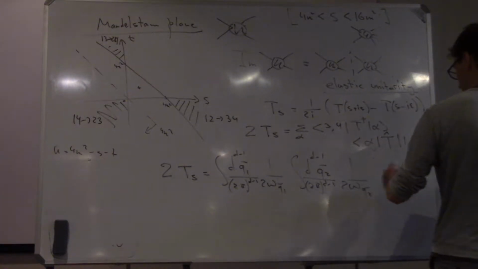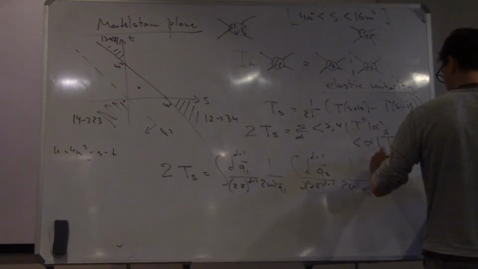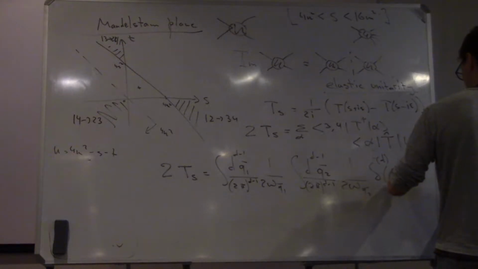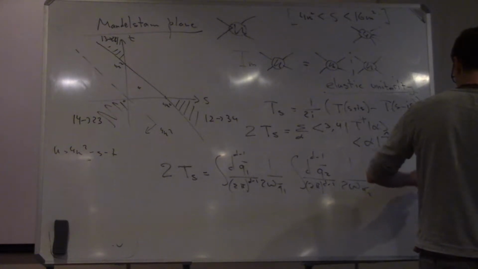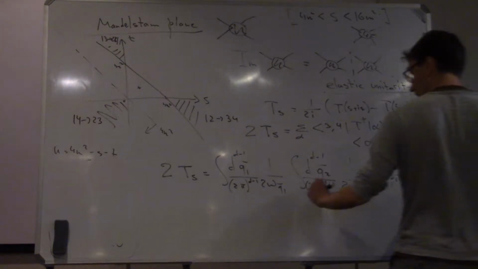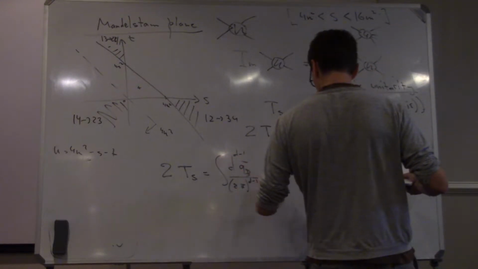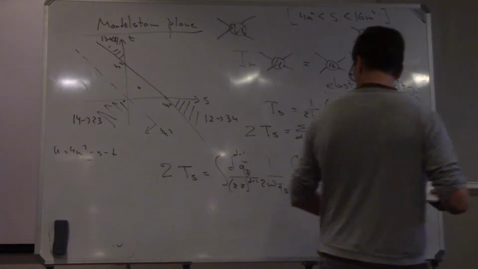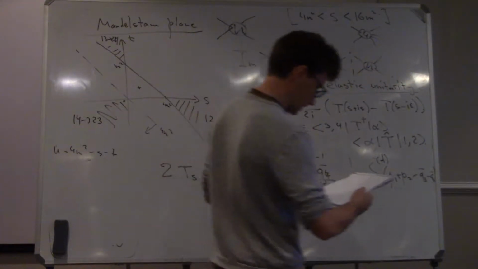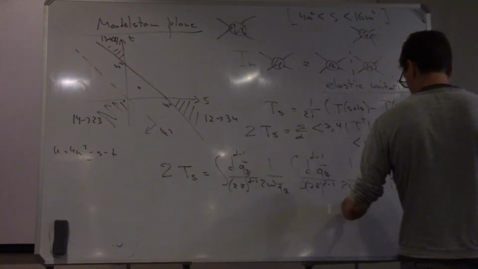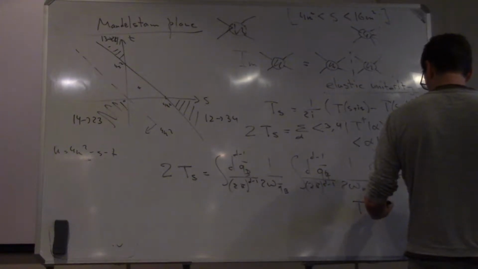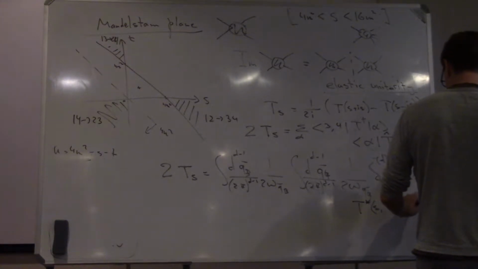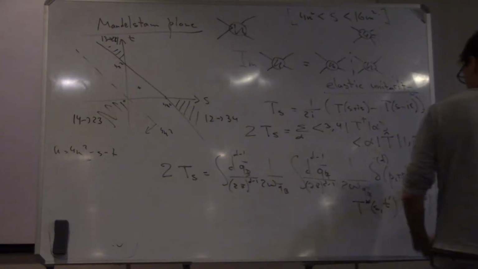And here we have a momentum preserving delta function. And here, the energy is preserved, so we have T star of S and T prime, and T, S, T double prime.